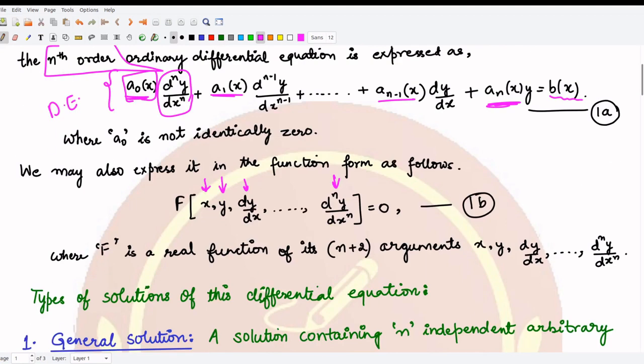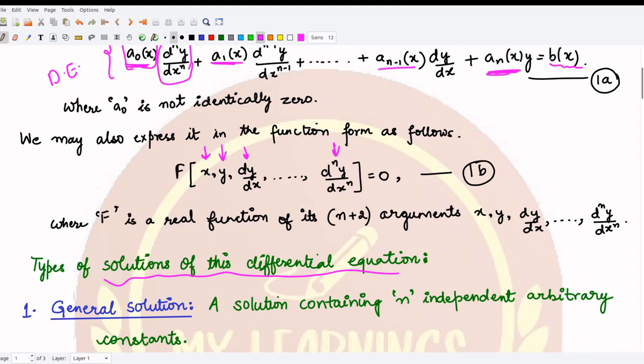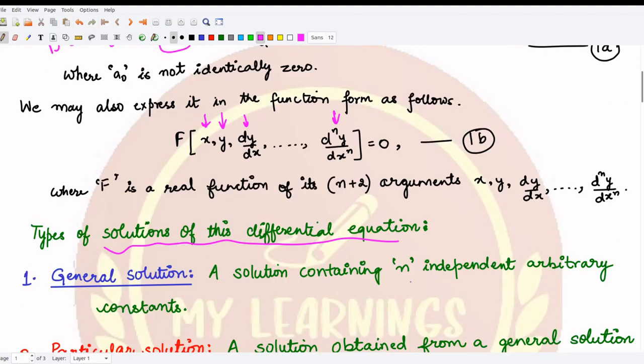Now, using this, we can define different types of solutions for this differential equation. Let's first have a look at the definitions. A general solution is one which contains n independent arbitrary constants if we have an equation of nth order.